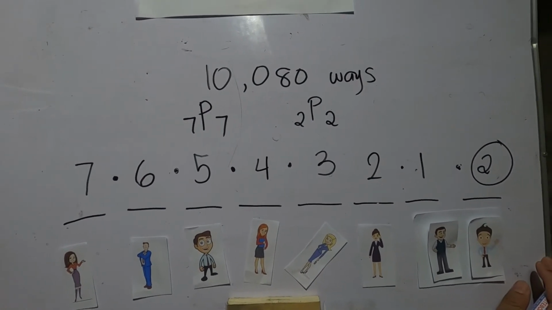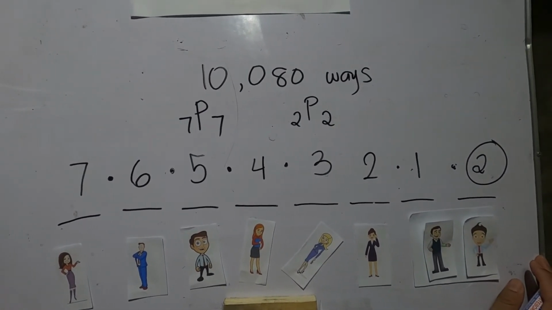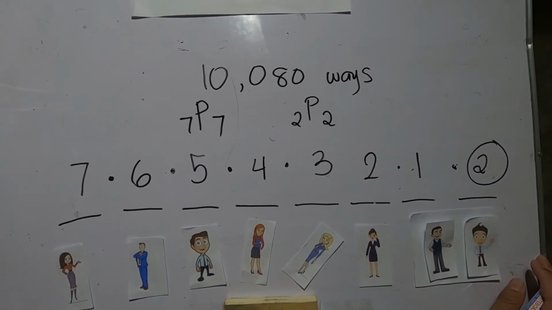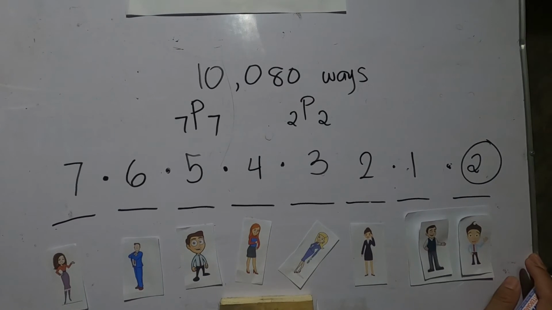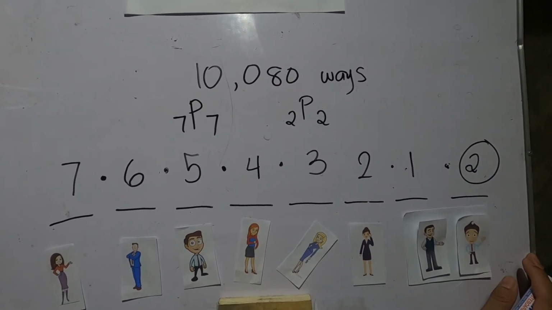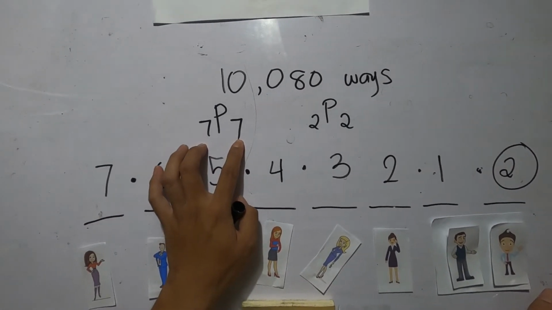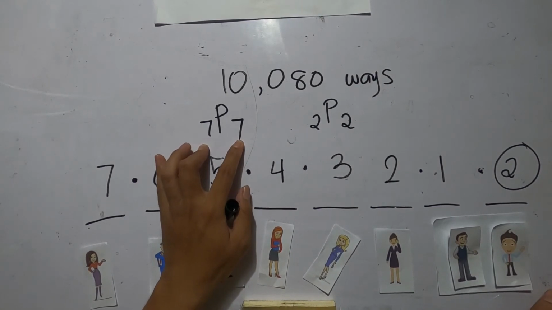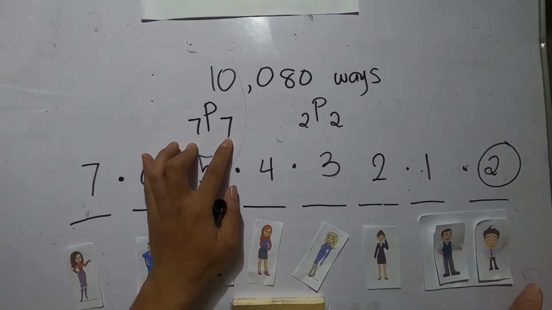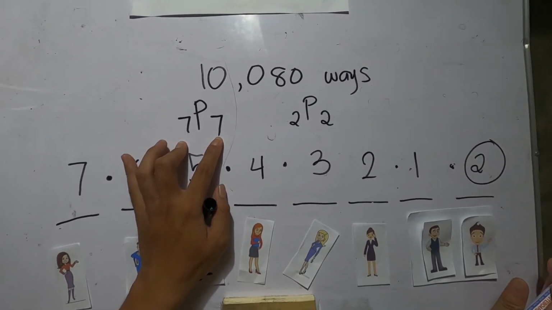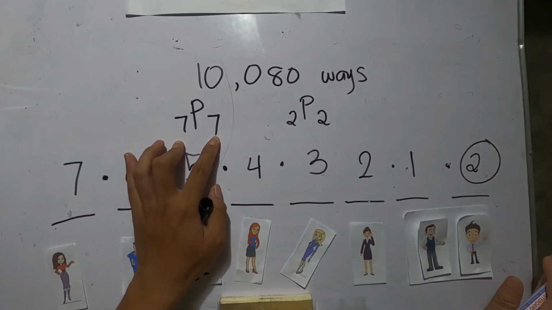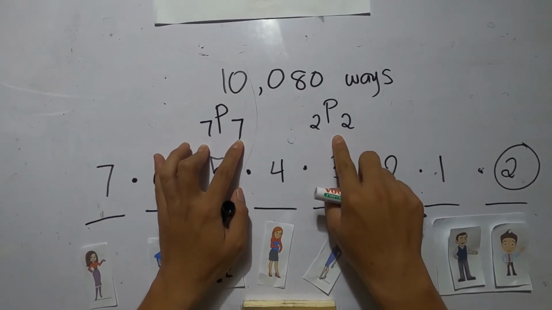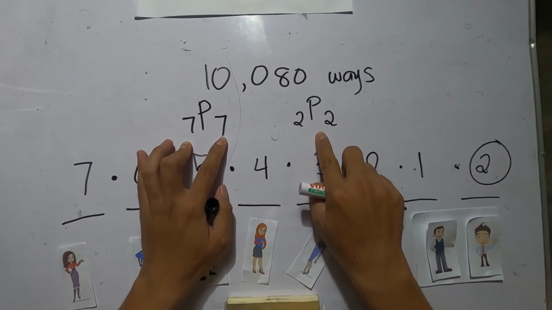Since we counted the 2 individuals who wanted to be seated beside each other as one, it seems that we are just arranging 7 individuals in a row, and this can be done in the permutation of 7 taken 7. Furthermore, the 2 individuals who are seated side by side can interchange their positions while still satisfying the condition that they are seated beside each other, and this can be done in the permutation of 2 taken 2, or 2 factorial ways.